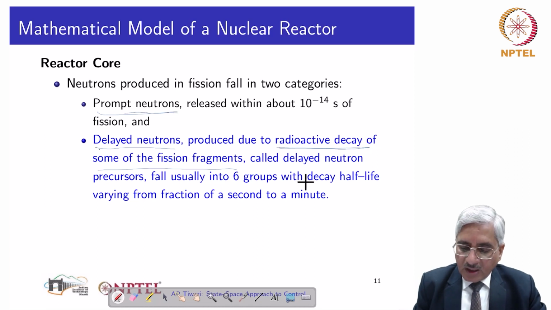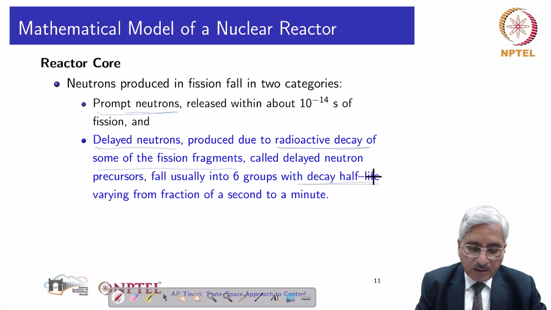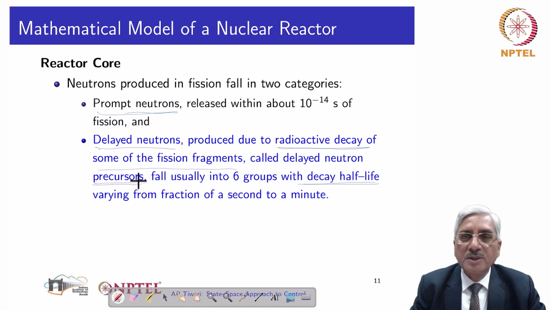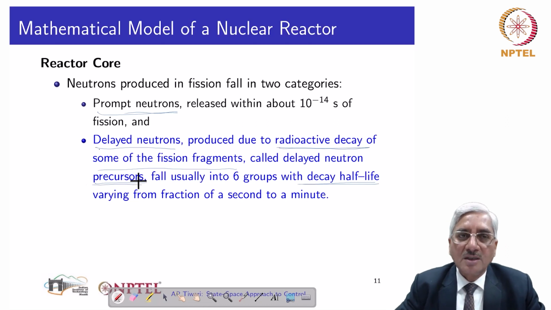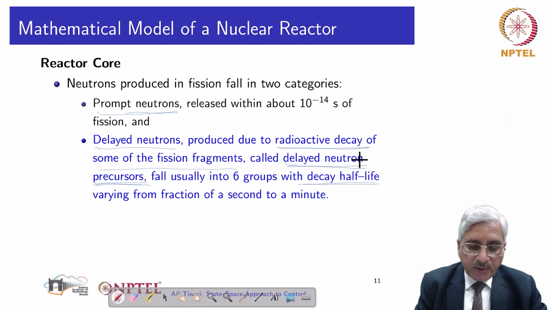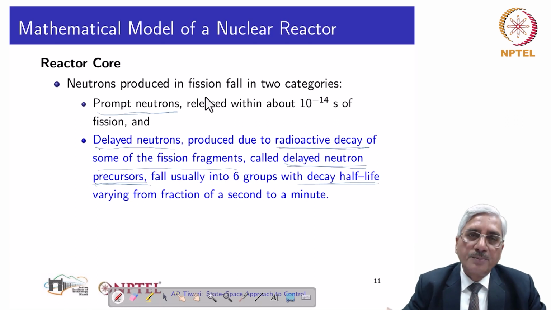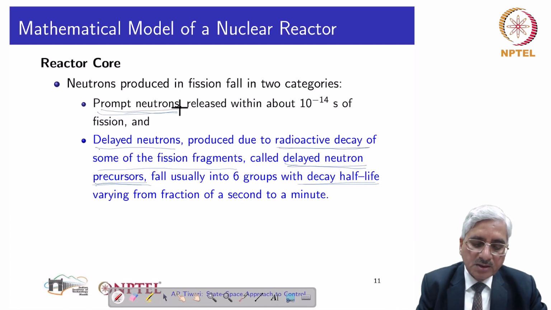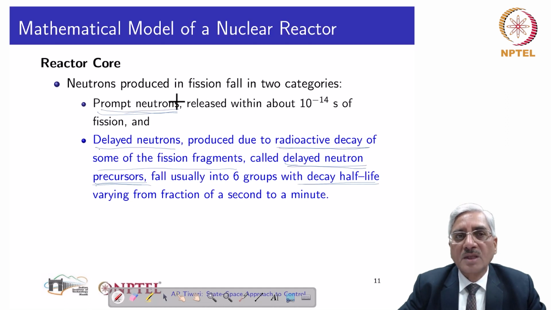That time depends upon the decay half-life of the precursor. The fission fragment which produces delayed neutrons is called the delayed neutron precursor. Depending upon its half-life, the delayed neutron will be produced a few milliseconds to up to 3 seconds later than the prompt neutrons.